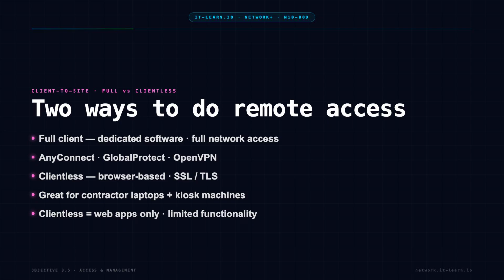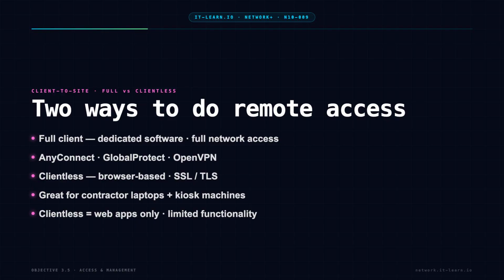Within client-to-site, there are 2 approaches. Full client VPN requires dedicated software installed on your machine. That's your AnyConnect, OpenVPN, GlobalProtect. It handles all the encryption and authentication, gives you full network access, and is the go-to for employees on company-managed devices. Clientless VPN uses a web browser instead.